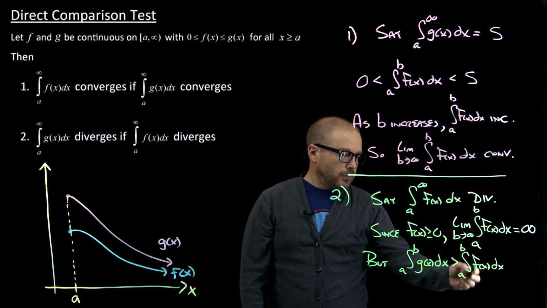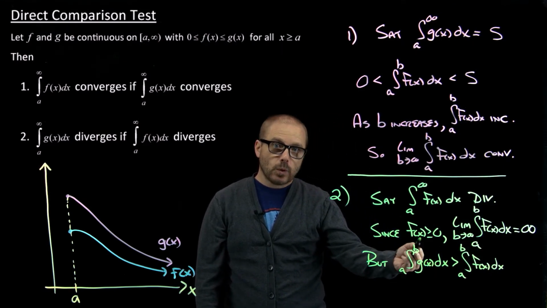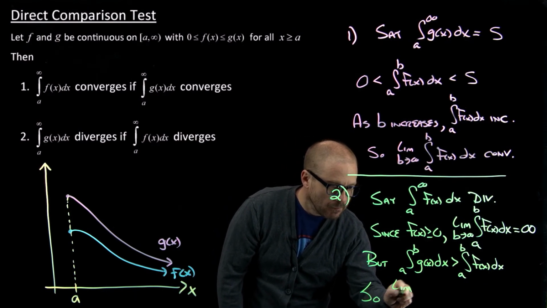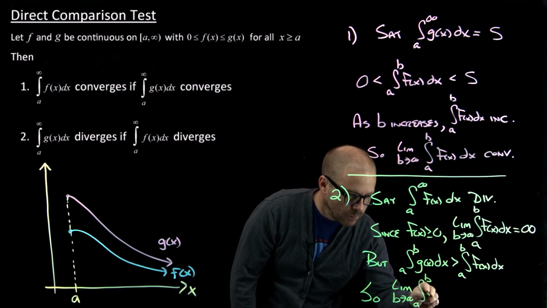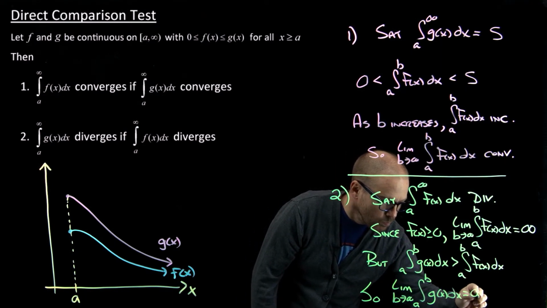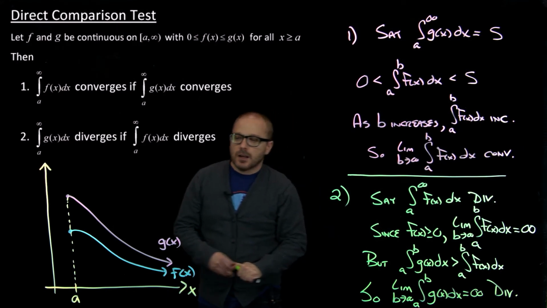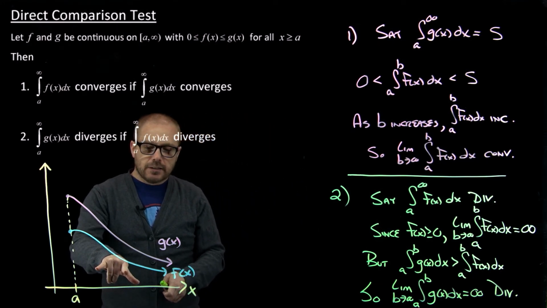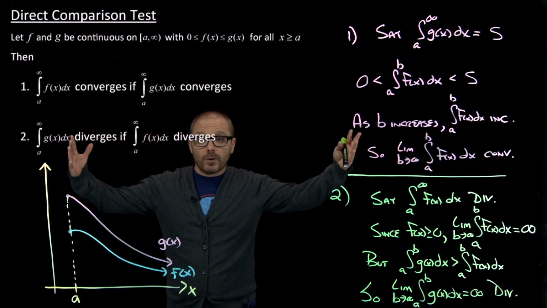As I let b go to infinity, this thing's going to infinity, and this is even larger, so it must go to infinity. And that's the definition of being divergent. More simply, if the area under f is infinite, the area under g is even larger than that, so it's just more so infinite.